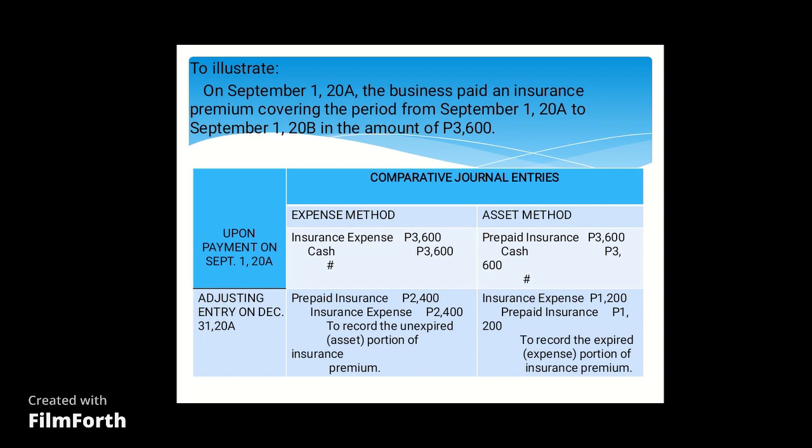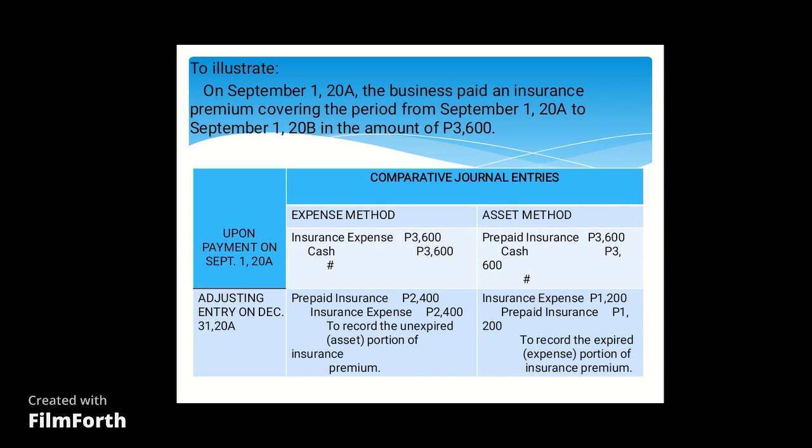So in adjusting entry on December 31, 20A, under expense method, prepaid insurance is the debit side and credit insurance expense with an amount of 2,400, which is the asset or prepaid portion of the 3,600 amount.